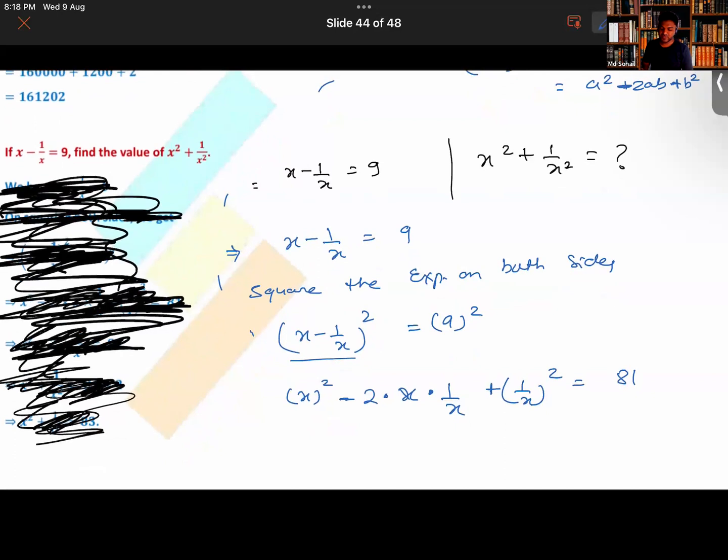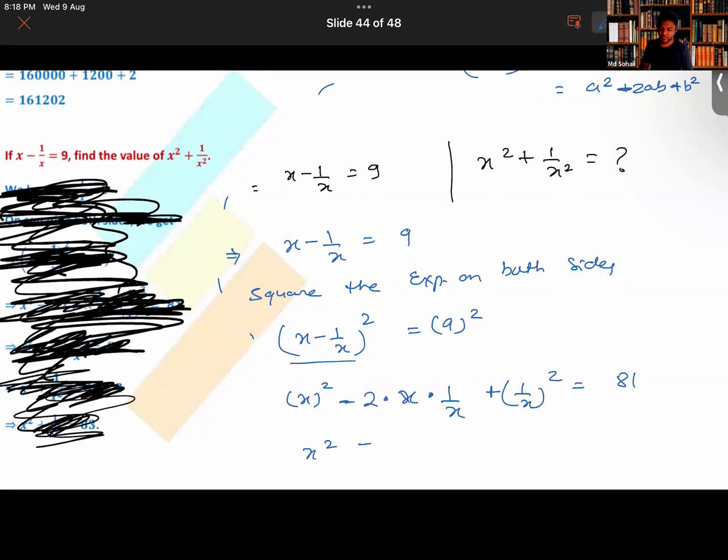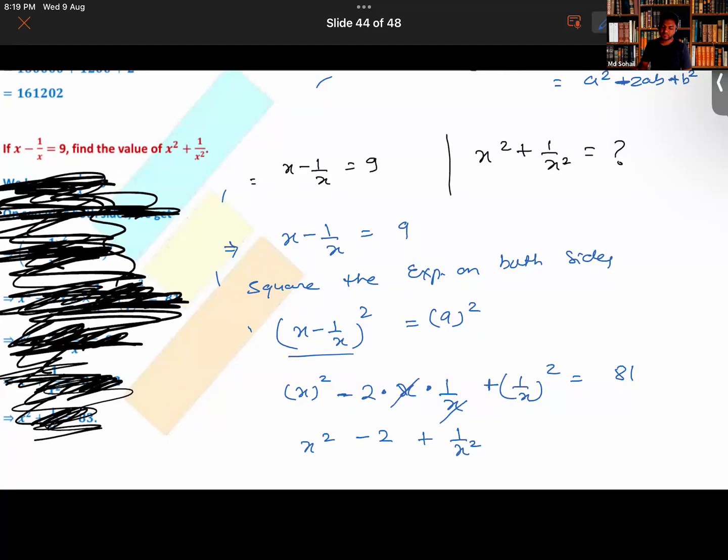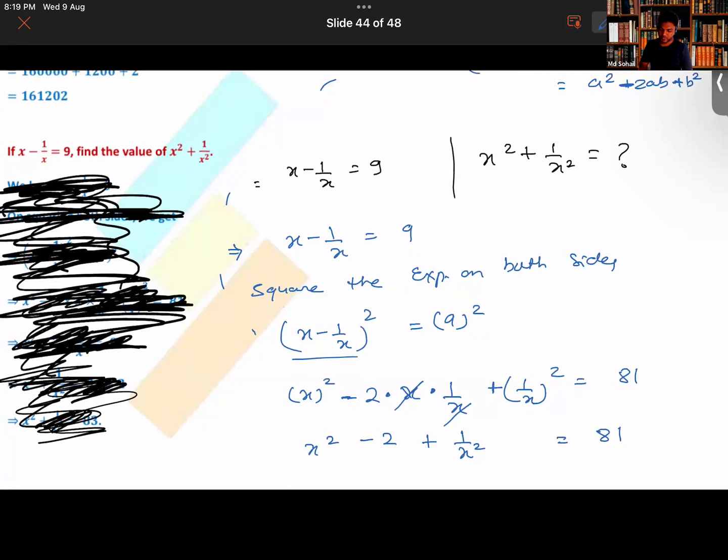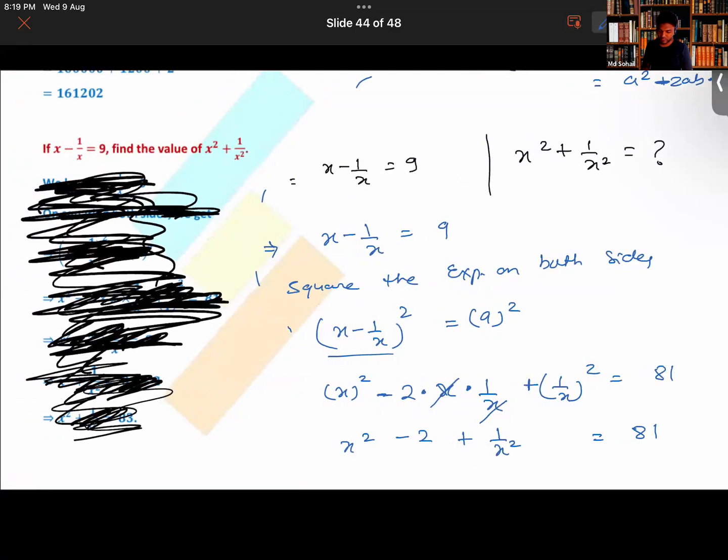So you are left with x square minus 2, as the x's are getting cancelled here, plus 1 upon x square. Not enough space left here, so I will do it here.